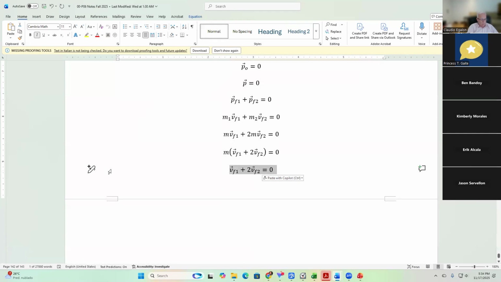And then because the first mass is lighter than the second one, its final velocity is going to be larger. Final speed is going to be larger.